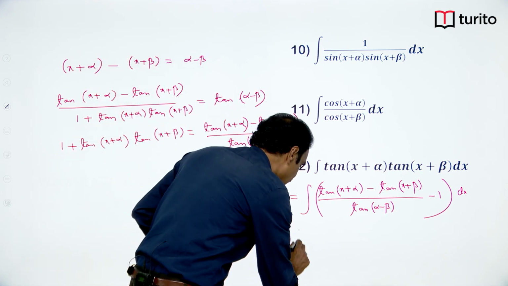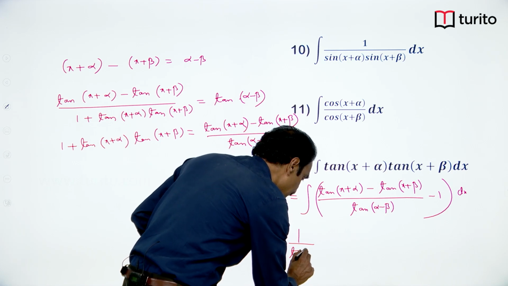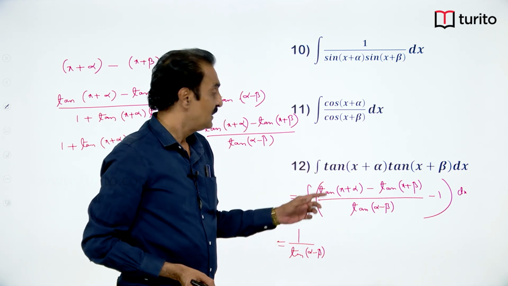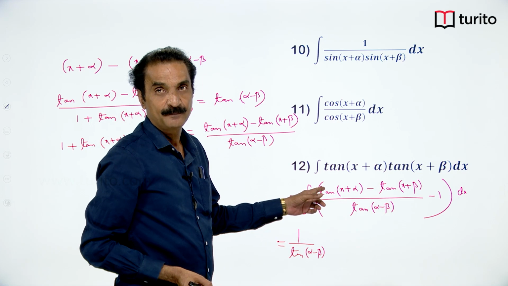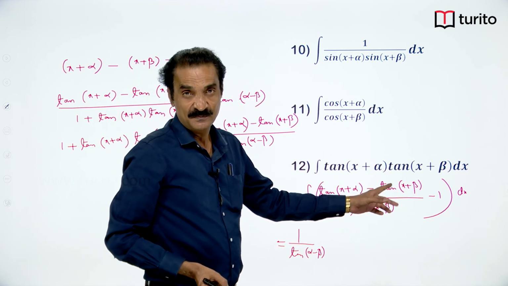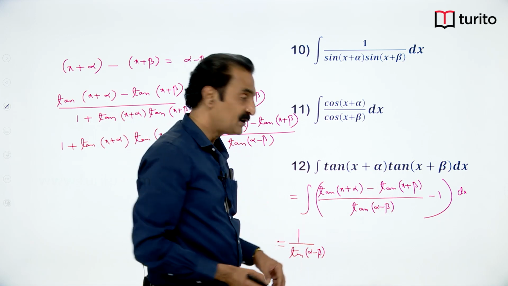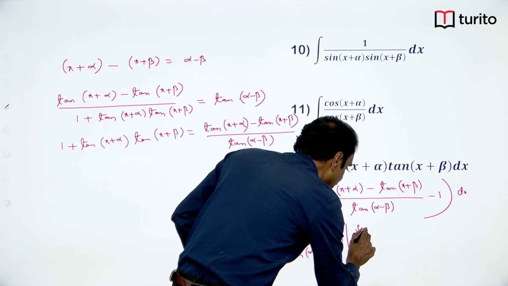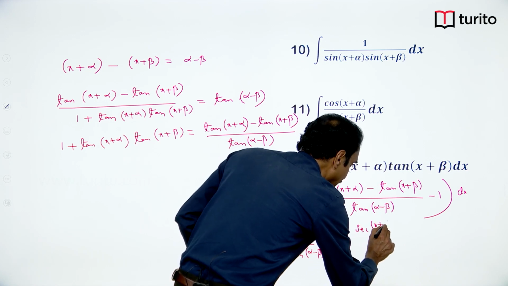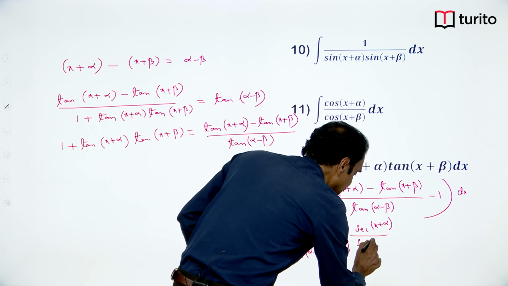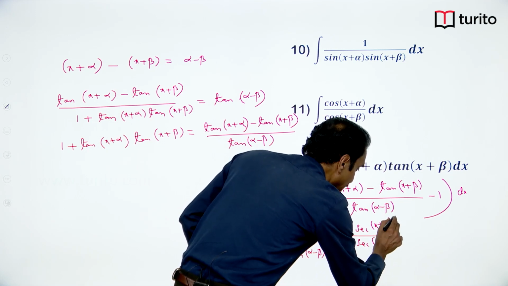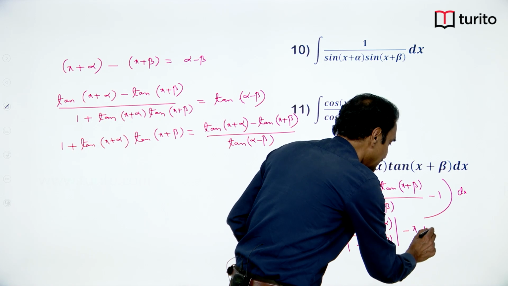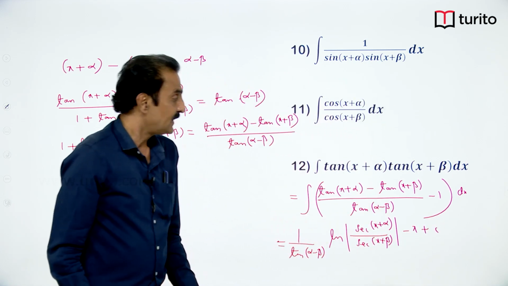Write 1 by tan alpha minus beta into the integral of tan x plus alpha, which is log mod secant x plus alpha, and the integral of the other is log mod secant x plus beta. Log a minus log b is log a by b. So I am writing the direct step, log mod secant x plus alpha by secant x plus beta, and the integral of 1 is x, minus x plus c. Okay.